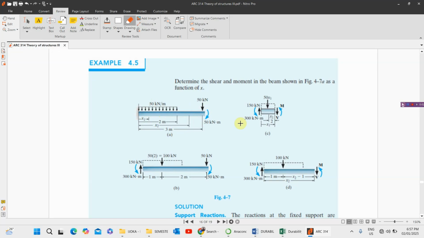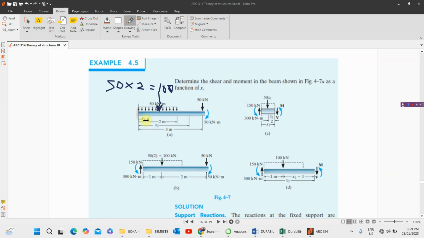I think I should put that one into writing. Let me just write it out. So this one will be 100 here, 50 here, 100 plus 50, that's 150. The shear force, I said, is 150 at this particular point. Why is it 150? Because there's no support here, so it's 150 pointing upward.